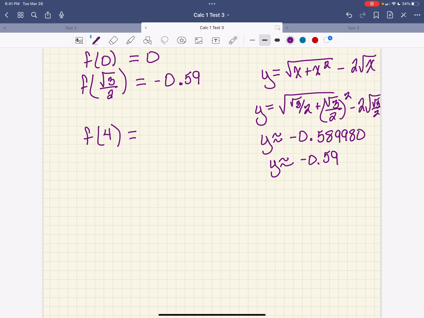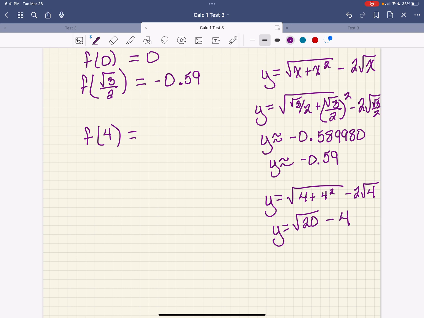And then let's see what happens when we plug 4 in. I've got y equals the square root of 4 plus 4 squared minus 2 on the square root of 4. So then we're going to end up with y equals the square root of 20 minus 4.